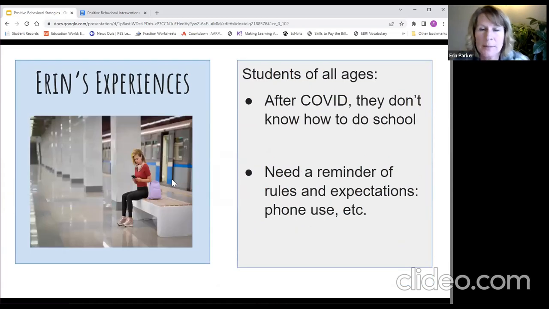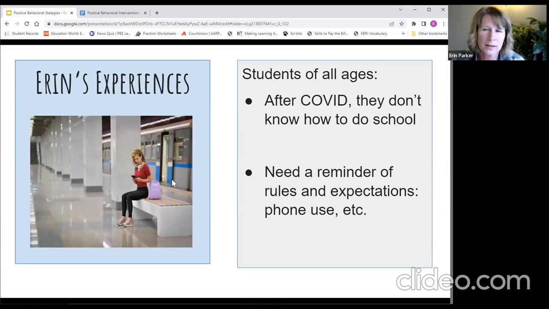Students of all ages, I'm noticing after COVID, they don't know how to do school. They're just coming in and they're not thinking about how disruptive they may be to the other students, especially if they're coming in late, constantly taking phone calls. And I know our adults have issues that they need to take some phone calls. I get that, but they'll actually answer it in class.